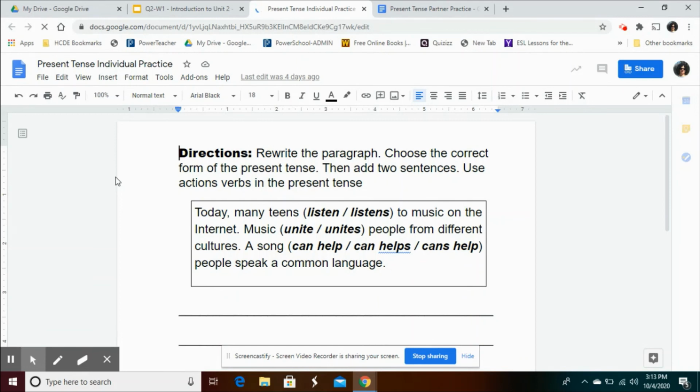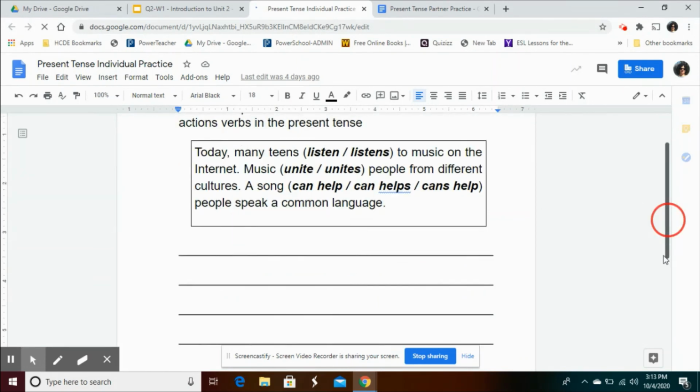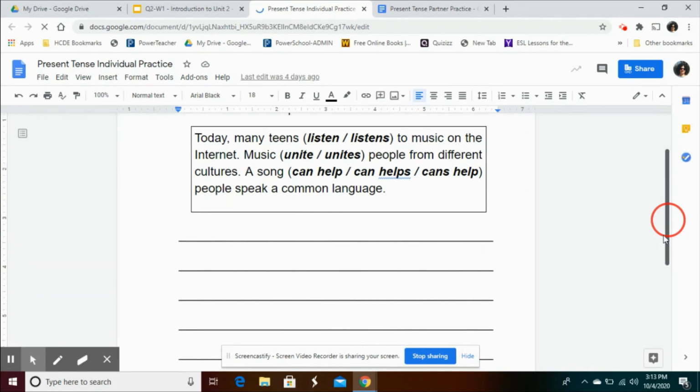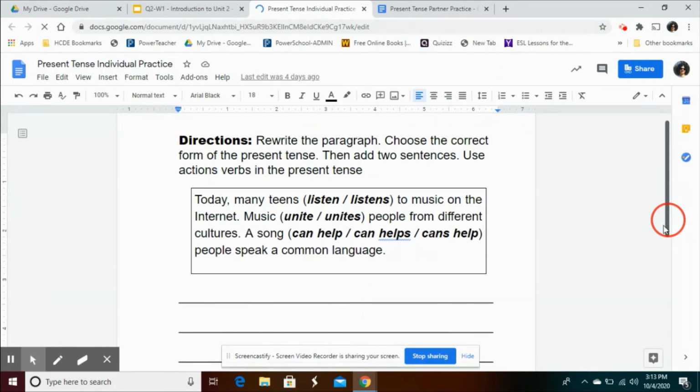So just going to use the lines over here to rewrite that paragraph using the correct verb. And then I'm asking you to, at the end, add two more sentences. Okay? Yeah, because it's not totally complete. It needs one more detail and a conclusion sentence. That's right. So when you finish with this activity again, just go ahead and submit it to me or your teacher, and pause the video.